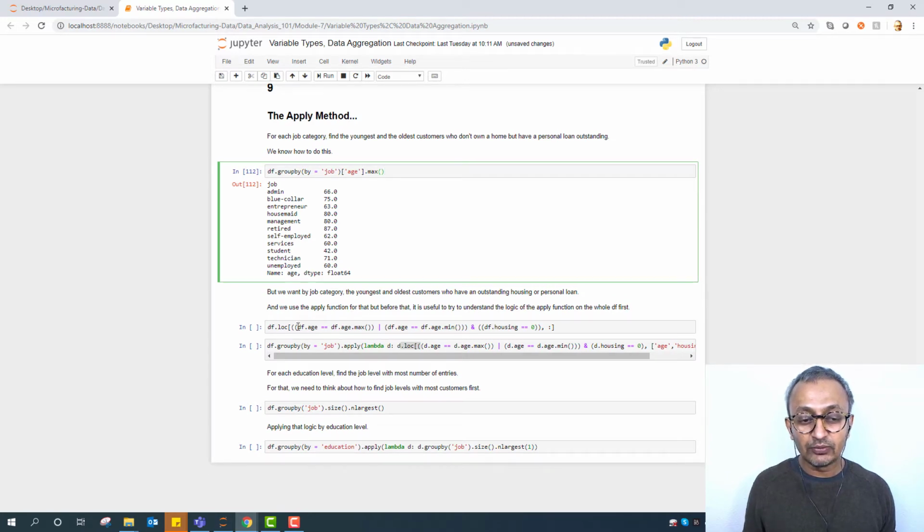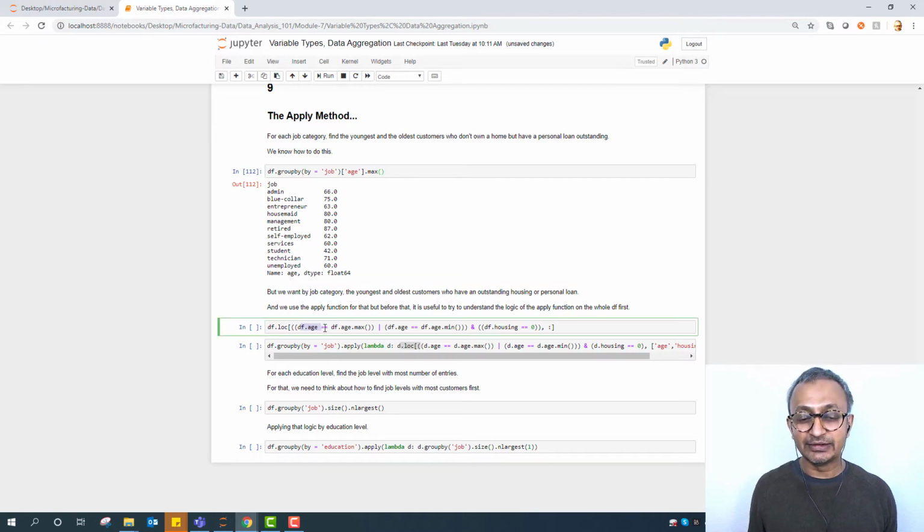But instead of that, what we need to do is filter for all folks in this data set who are the oldest first, or the youngest. So that becomes one big filter, and who don't own housing.